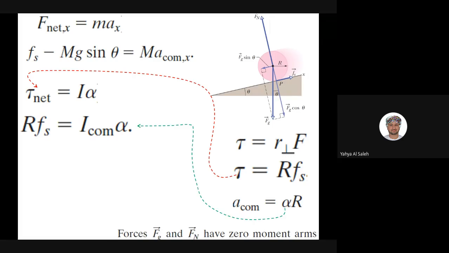Alpha is a over R. So I am starting to rearrange to have Fs on its own. I have Fs equals I com a com over R squared, and I have a minus direction, since this thing is going clockwise or anti-clockwise.